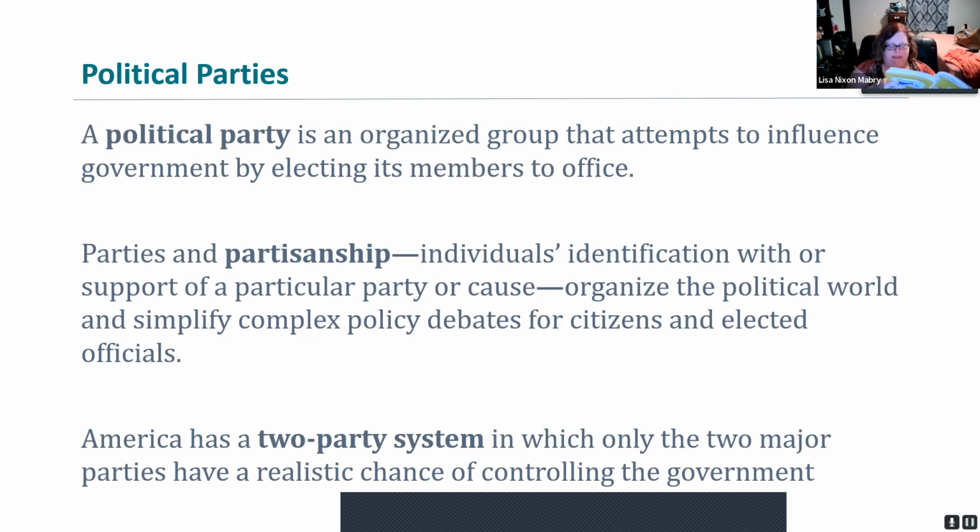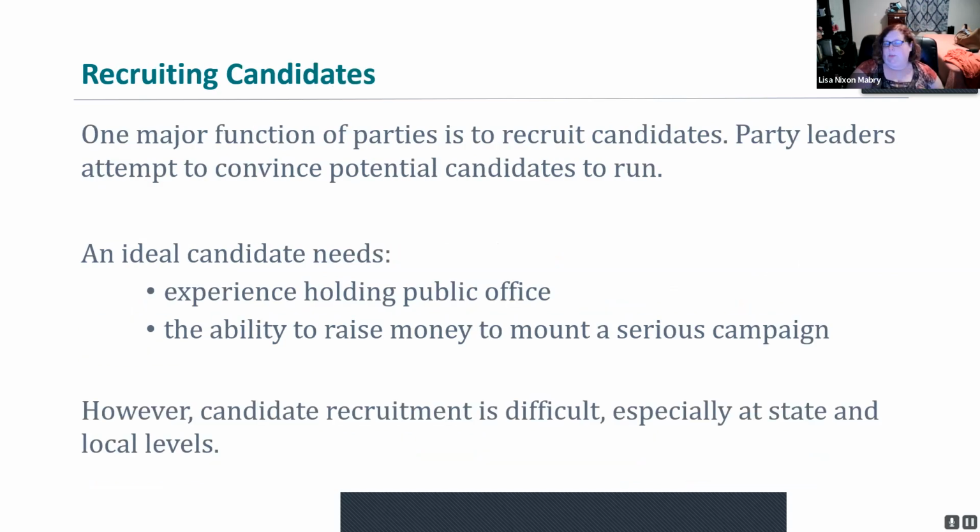So a two-party system is a political system in which only two parties have a realistic opportunity to compete effectively for control. Of course that would be the Democratic Party and the Republican Party. That should not be a surprise to anybody, unless you're living under a rock. And we'll talk about some of the third party candidates later on in the chapter, and third parties. Actually, we'll talk about the minor parties as well.